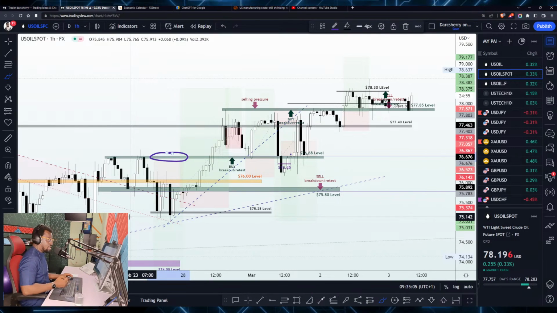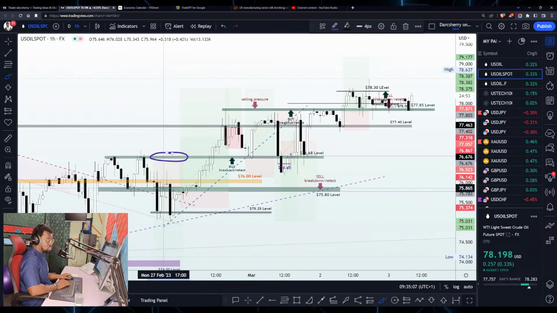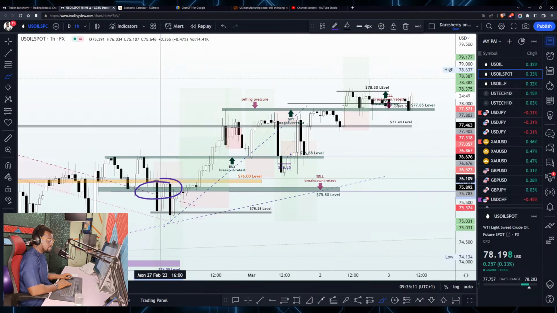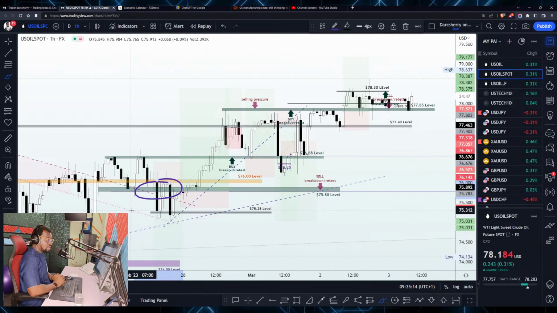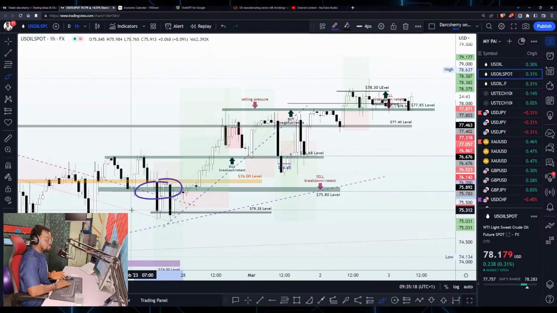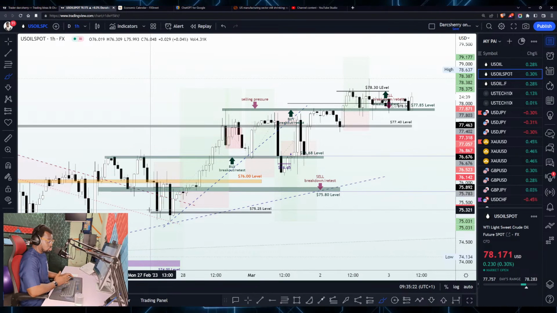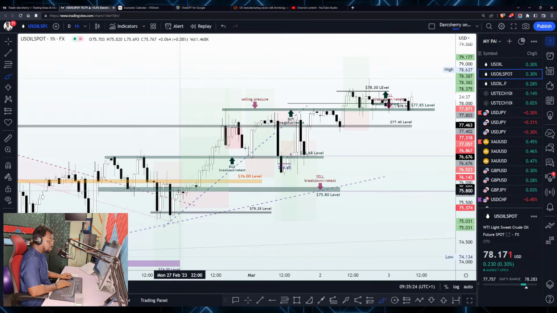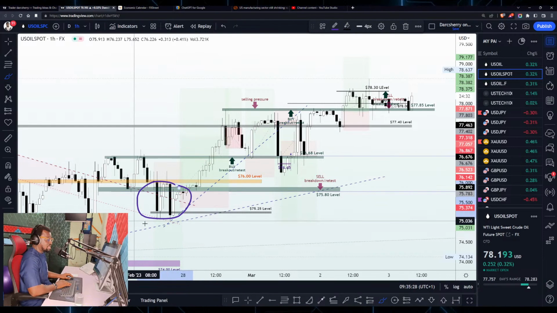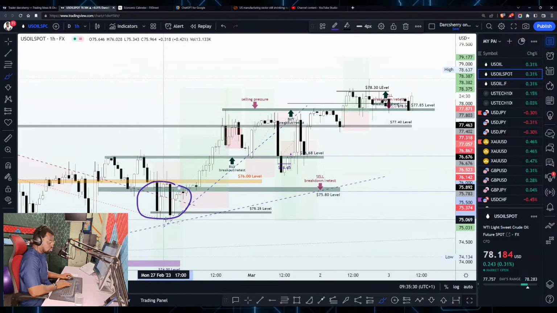What happened here was quite interesting as we saw a sell signal at the breakdown of the $75.80 level a couple of times, and that gave us about 50 pips before we started seeing that buy momentum resume again. And what we saw here looks like a reversal pattern in the form of a double bottom structure.